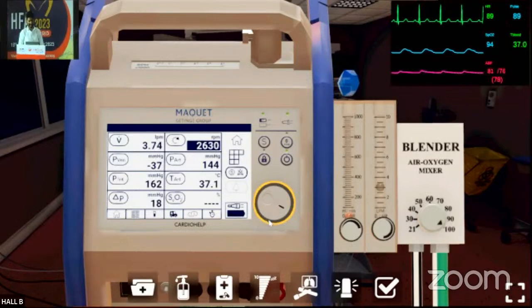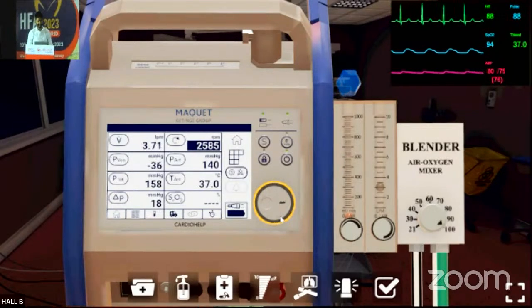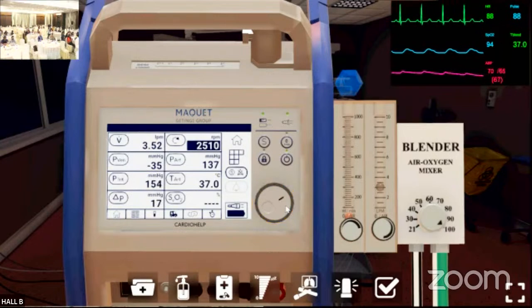Okay, 3.5 liters, sir. So the pressure is somewhere around 74 and 69 now. The variation is around 7 or something like that. It's better than before, but still it can be much higher. Reduce it to 3.2. Coming down to 3.2.